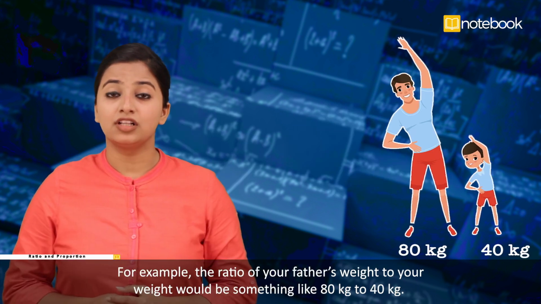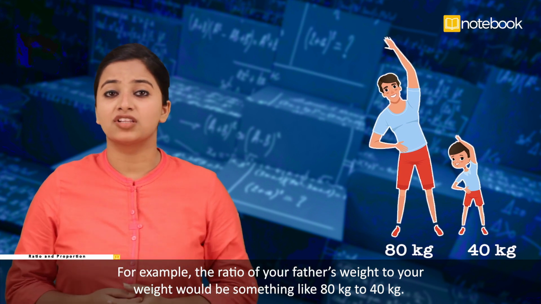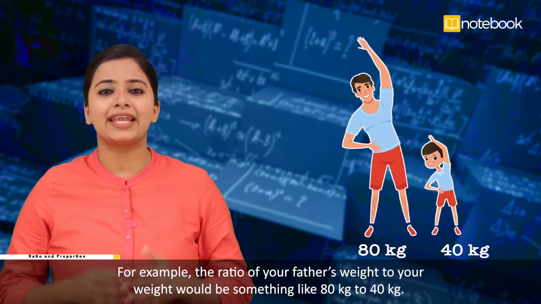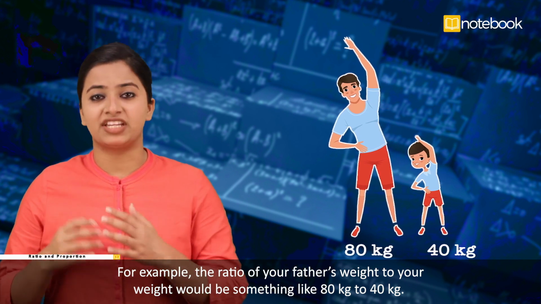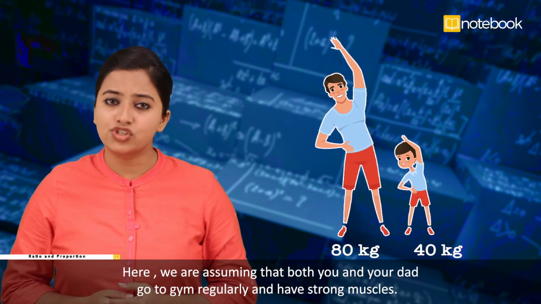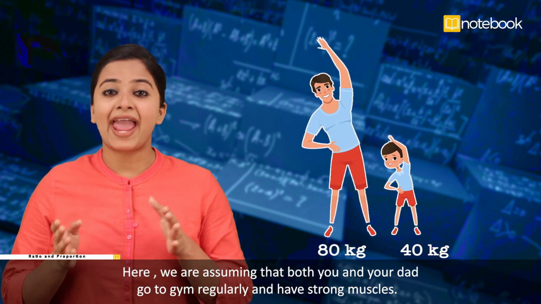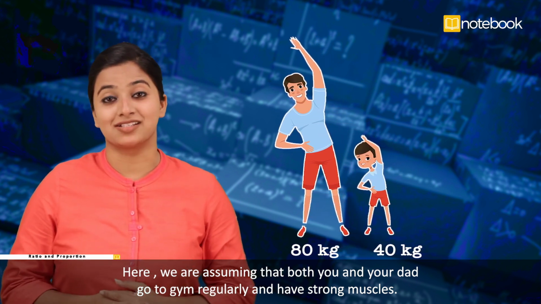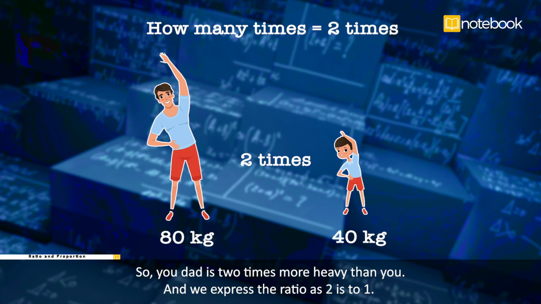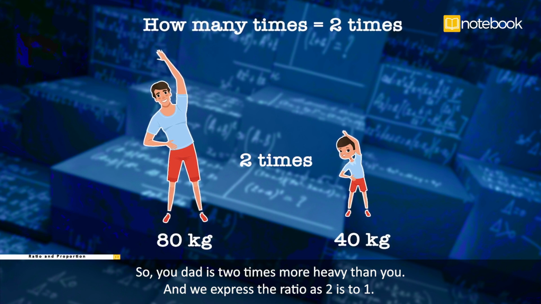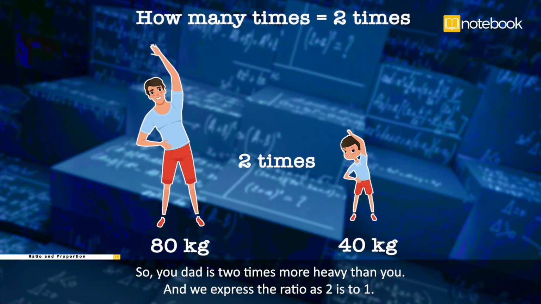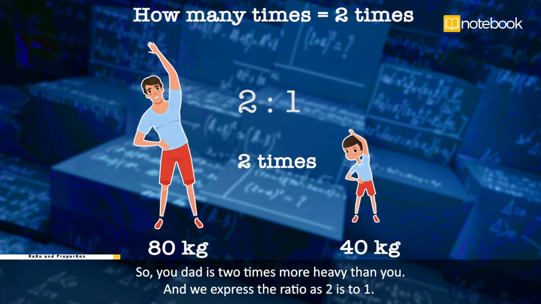For example, the ratio of your father's weight to your weight would be something like 80 kg to 40 kg. Here, we are assuming that both you and your dad go to gym regularly and have strong muscles. So, your dad is 2 times more heavy than you, and we express the ratio as 2:1.